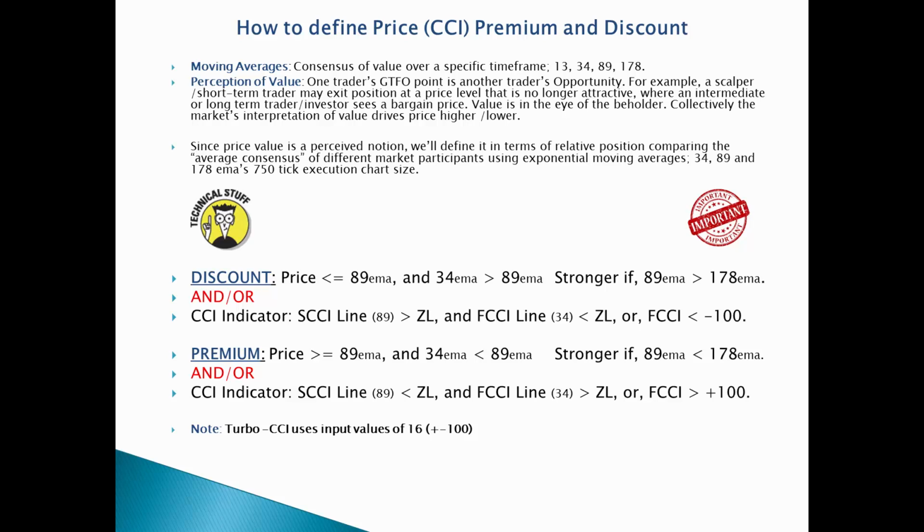When we get into the turbo CCI, that uses a slightly faster value, but for the time being, what I want you to understand is the standard premium and discount definition. So I'll walk through it here. Discount is when price is less than or equal to the 89 EMA, and the 34 EMA is still above, or greater than, the 89.